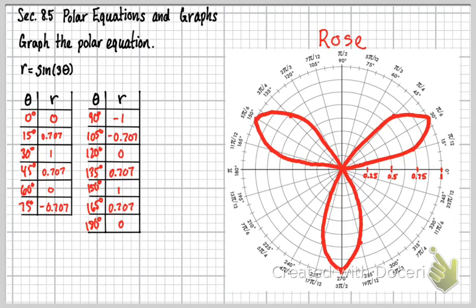And those are the important things you're going to want to take away from this, because when you get to the calculus classes, sometimes those intervals can only run to a certain point, or I only need a portion of it, like maybe just this first leaf here or something like that. So those are the ideas that come up later on when using polar equations. Okay, so that's my graph.